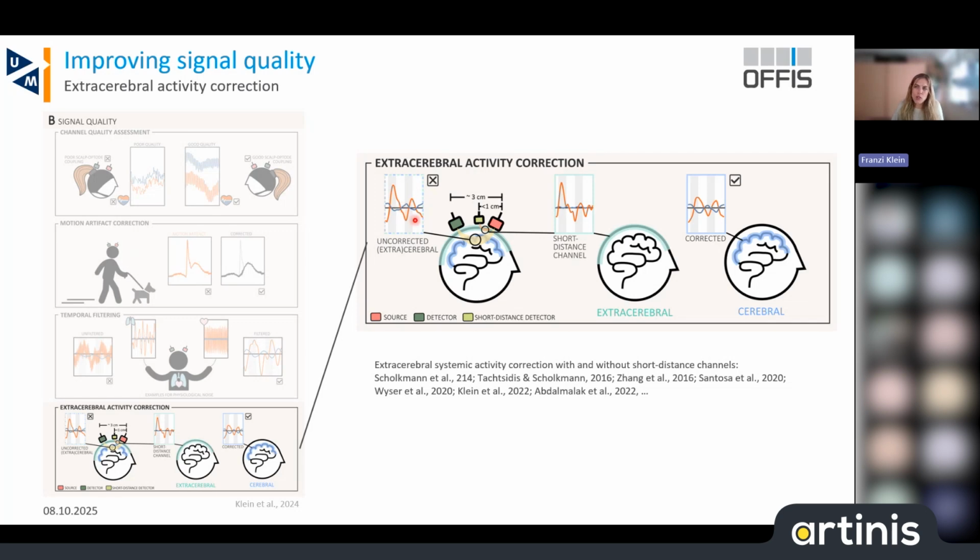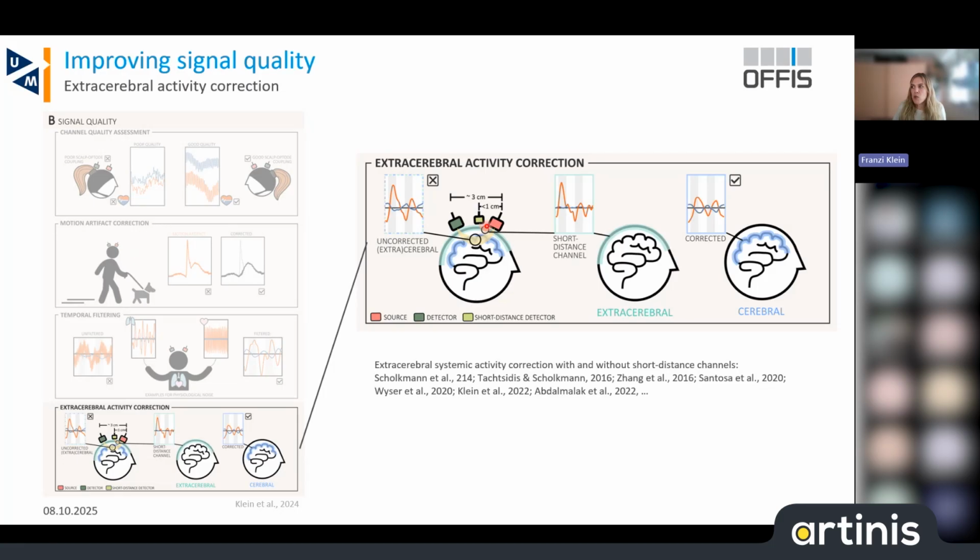So we don't want to base our system on noise, but we only want to base our real-time system, BCI, on brain activity. So what we are doing is we use so-called short-distance channels. This is the channel that is generated by placing a detector very close to the source, below 1 centimeter distance, in the best case about 0.8 centimeters.